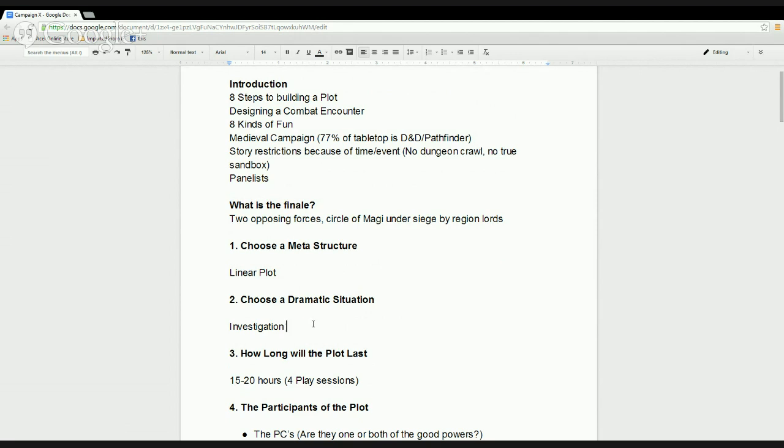And that is the core of our plot. The players are going to walk into this situation as unbiased people and have to decide who's good, who's bad, who should win, who should lose, and then get wrapped up in the story that's unfolding. And that is our dramatic situation. It is an investigation.